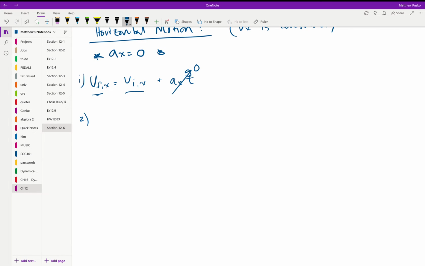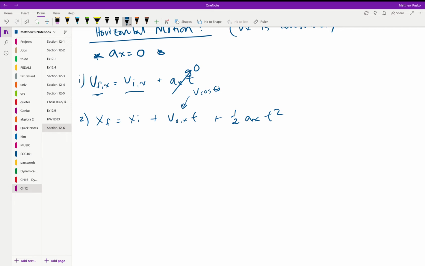If there's no acceleration in the x direction, we can predict how far it goes using x final is equal to x initial plus v naught in the x direction. You would put your component v cosine theta in there times time, plus, I'm going to go ahead and write it, 1/2 acceleration in the x times time squared.